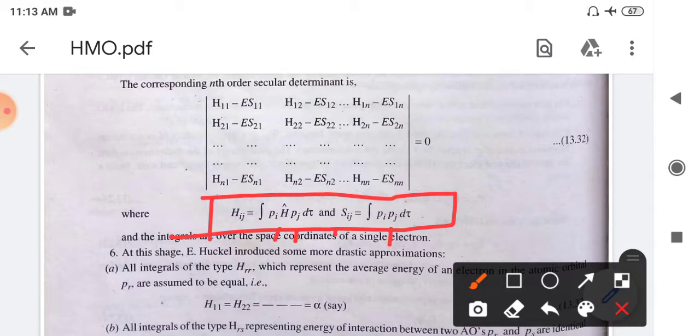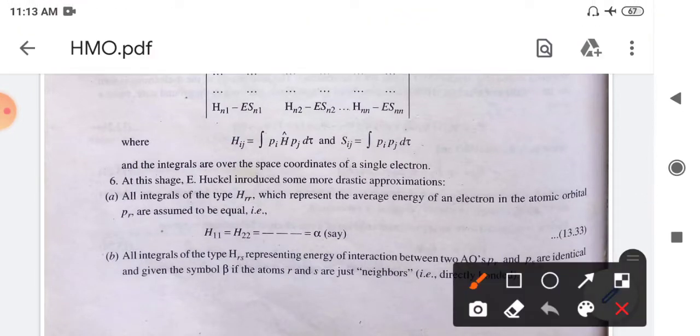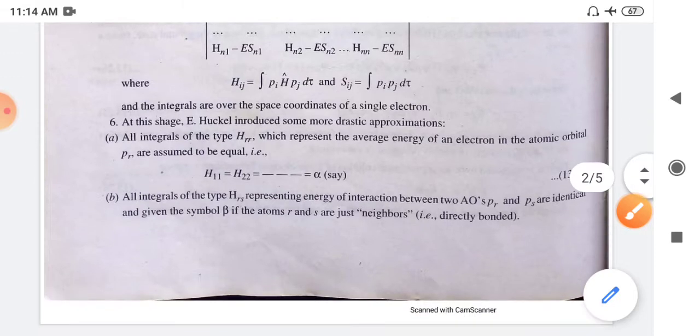Here pi is the p orbital of the ith carbon atom and pj is the p orbital of the jth carbon atom. The pz orbitals are involved in the bonding. All these integrals are over the space coordinates of a single electron, so the d tau element has the value of only one electron's volume element.